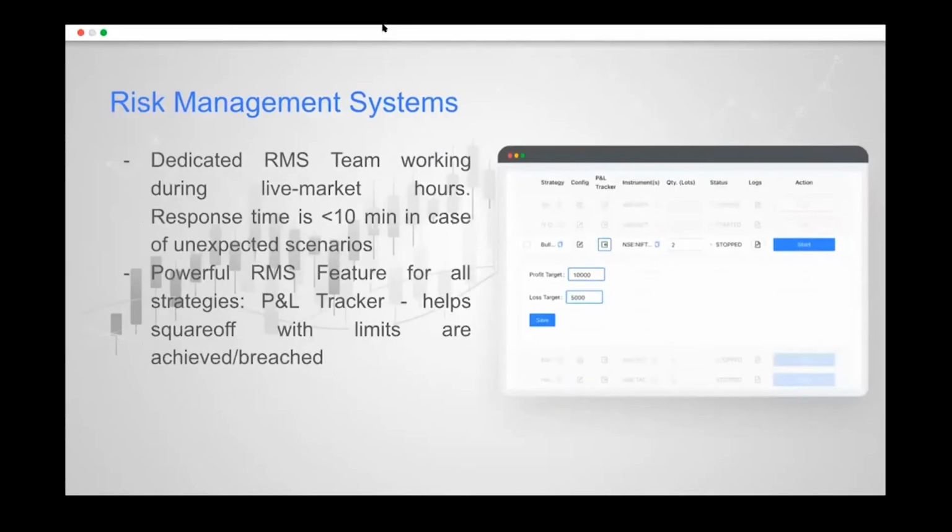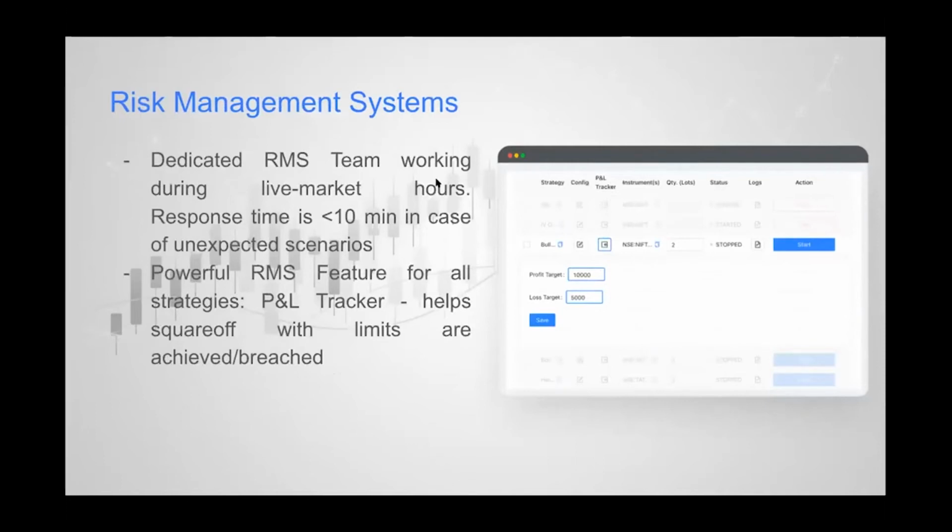This would be the last part on risk management, wherein we already discussed a lot about the risk management systems. This is the P&L tracker, which I was showing you at the start. For example, this is one of the strategies, a live screenshot of the systems running. Herein you can give the profit and loss target for each and every single strategy. For example, you are running one strategy on Nifty, one on Bank Nifty, and a third on Tata Motors.